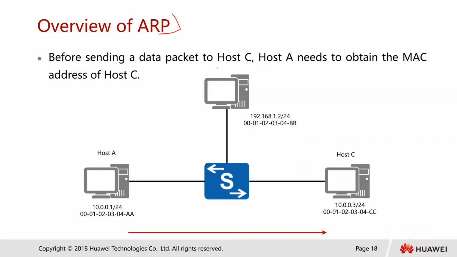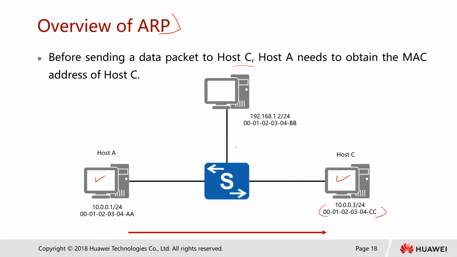So before sending a data packet, like we agreed before, host A needs to obtain the MAC address of host C. If this guy wants to send packets to this guy, he needs to first know the MAC address of this particular guy. So if he doesn't know the MAC address of this guy, he will definitely send out an ARP to make sure that he gets to know the MAC address.